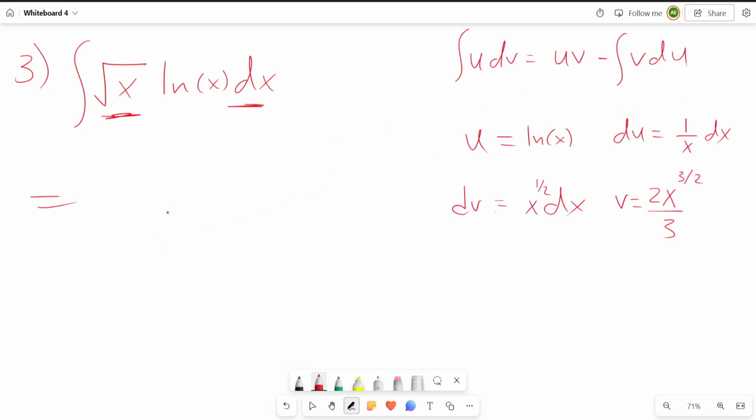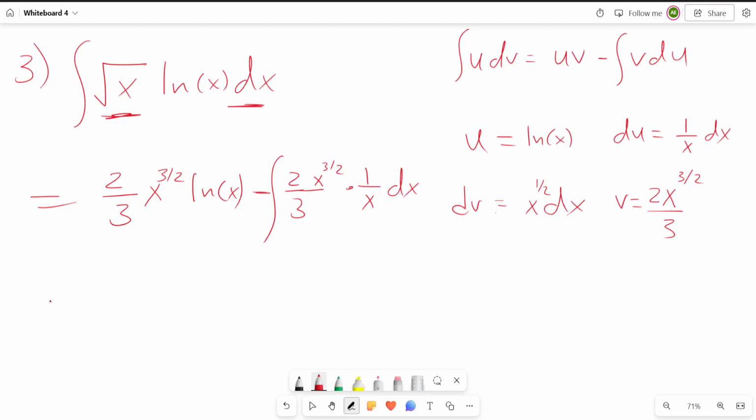So I will have uv, which is going to be ln x times 2 over 3 x power 3 over 2. So I'm going to type in the 2 over 3 x power 3 over 2 first, and then multiply ln x. This, I'm going to subtract from it the integration of v du. So v is 2 over 3 x power 3 over 2, multiplying du, which is 1 over x dx.